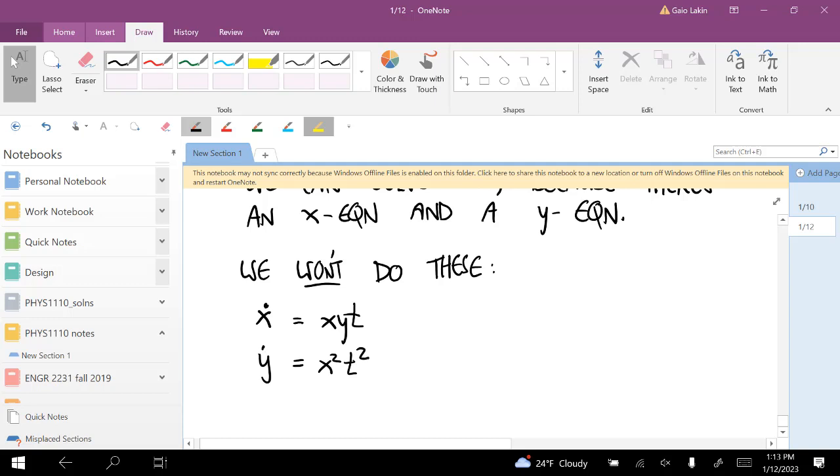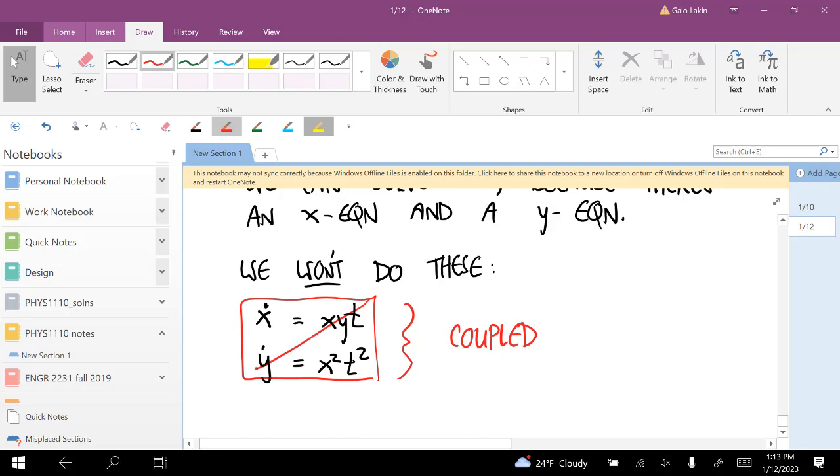The reason we won't see that is there's a y in the x equation and there's an x in the y equation. Really, we only need one of those to throw it out. We don't need both. But that's the definition of a coupled system of equations. There are ways to deal with it, but we're not doing it. So if you see this, you're done with the problem.